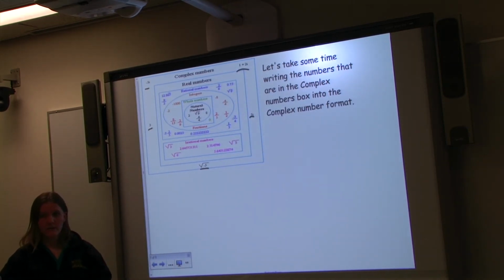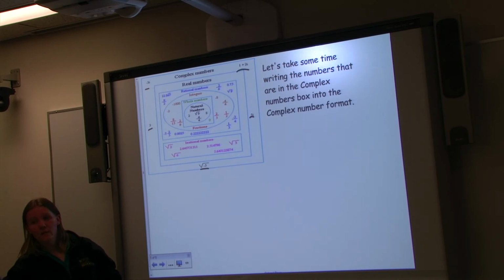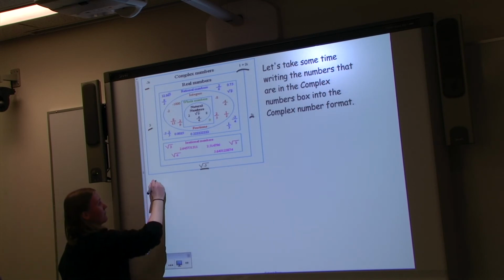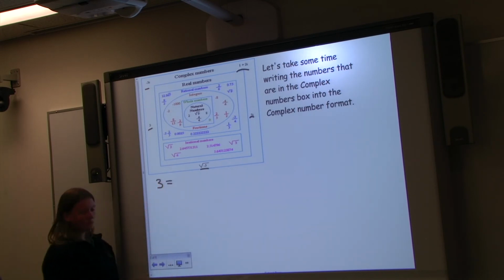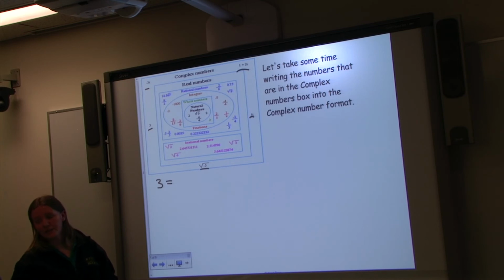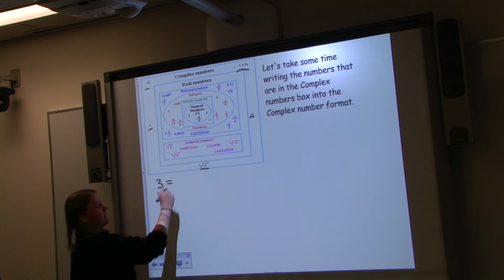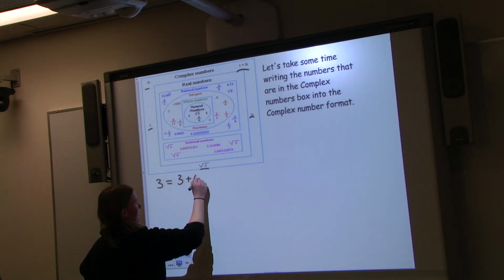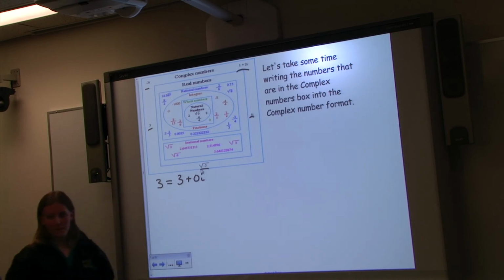Why is it just 3? I was going to say that. Okay. What did we say our form for writing complex numbers is? Right. So if you have 3, how would you write that in your complex number form? 3 plus 0i? Yes. But there's no imaginary part.